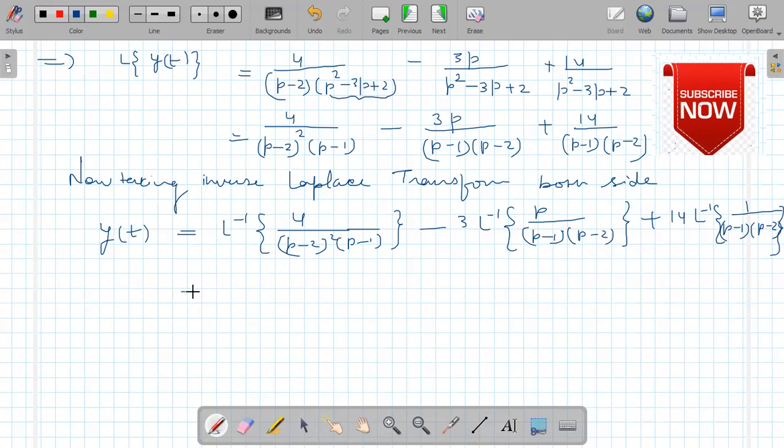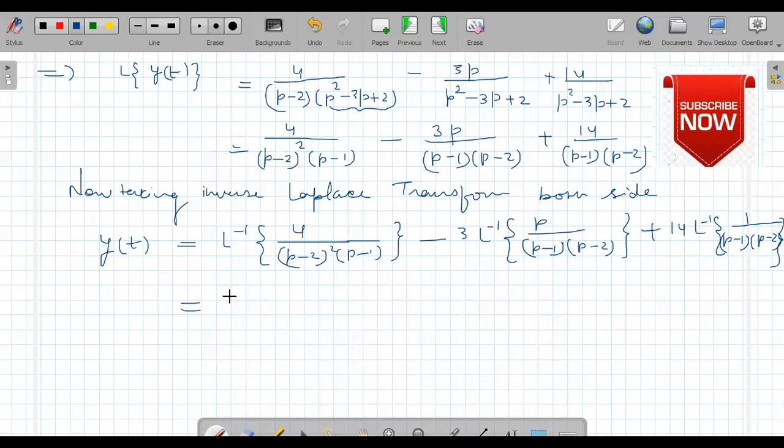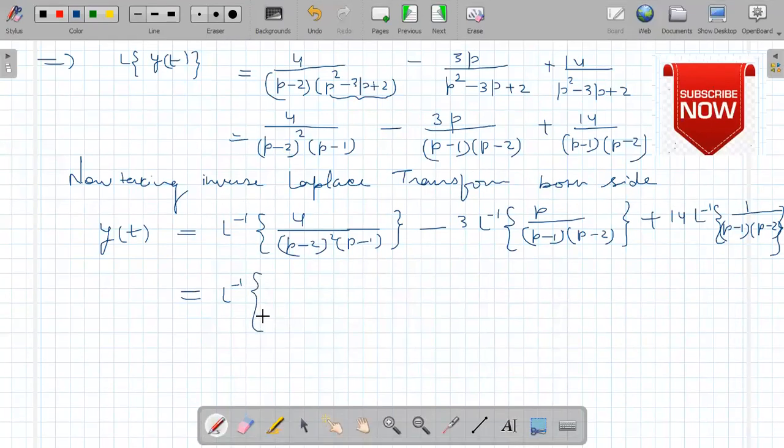So the partial fractions are L inverse of 4 upon p minus 1 plus (12 minus 4p) over (p minus 2) whole square. These are the partial fractions of this expression.